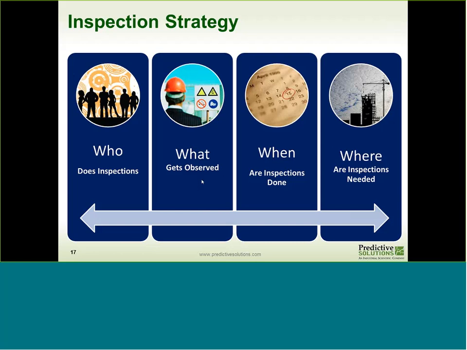In addition, typically a low number of observations can denote one or two things. One, people are gravitating toward the easy things. And two, they may not feel comfortable evaluating some of those higher expectation or higher cognitive evaluation type of hazards, like electrical and fall protection and things like that.